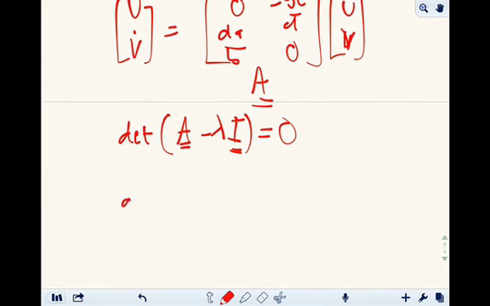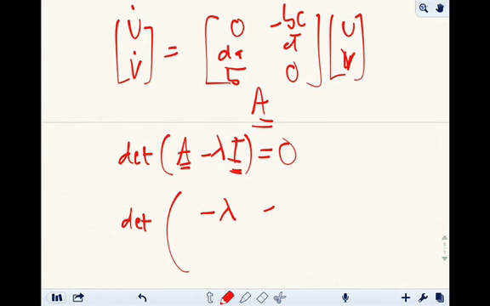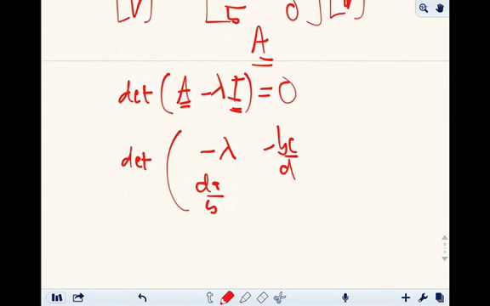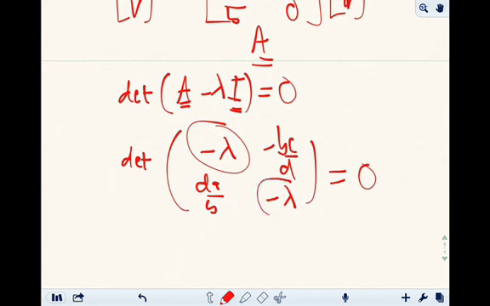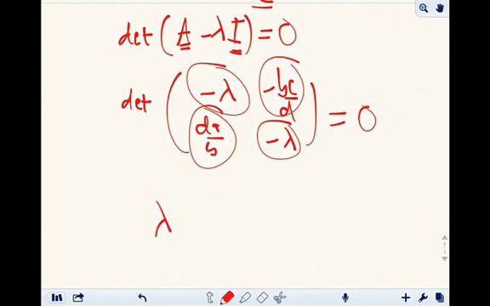So we have the determinant of negative lambda, negative bc over d, da over b, negative lambda equals 0. The determinant is this times this minus this times this. So we have lambda squared plus, now you see the d's are going to cancel out, these b's are going to cancel out, plus ac equals 0.